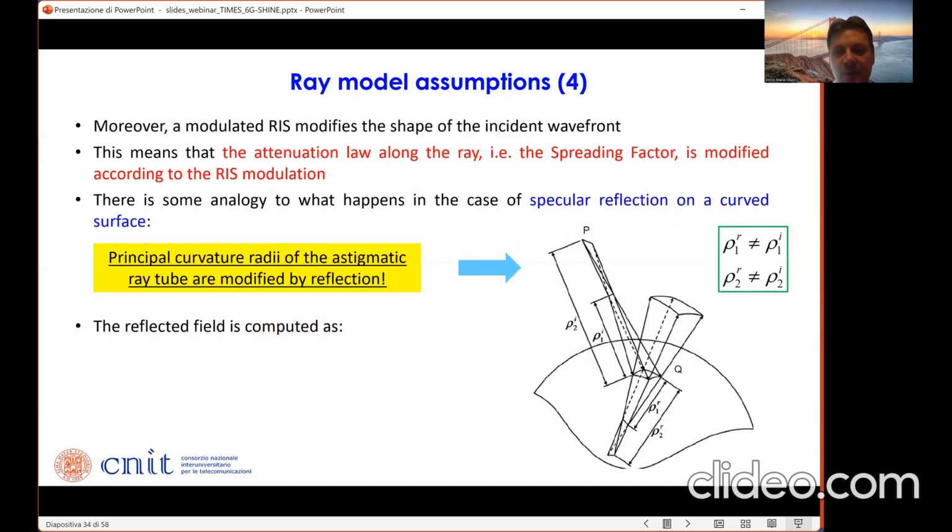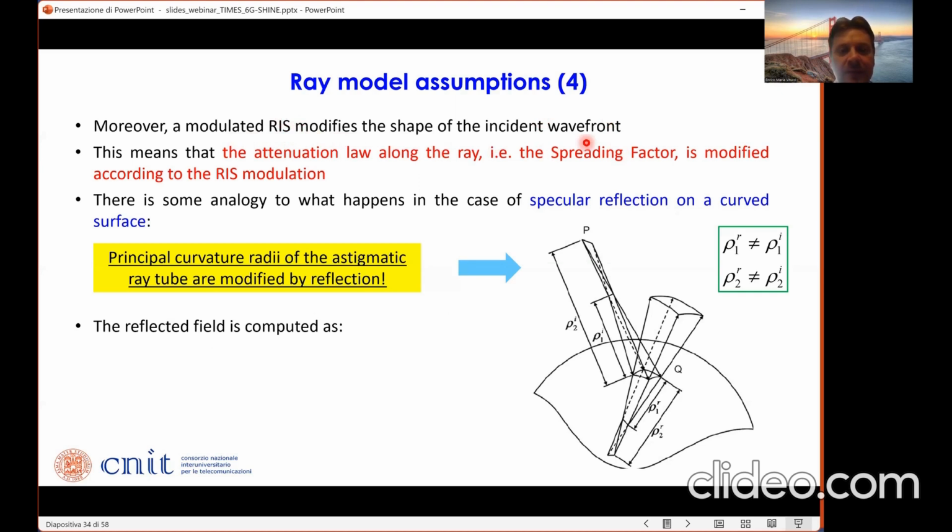The last step of the model is the computation of the spreading factor. This is very important because, in general, a modulated RIS modifies the shape of the incident waveform into a different shape.